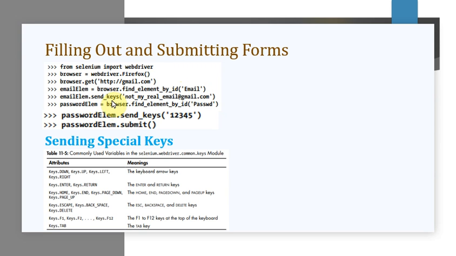What does this send_keys method do? It is going to send the keystrokes you have typed into the particular field. In this case, which field is that? The email element, which is the object here. You find the email element with the ID, and in that particular field you are going to enter not_my_real_email@gmail.com.